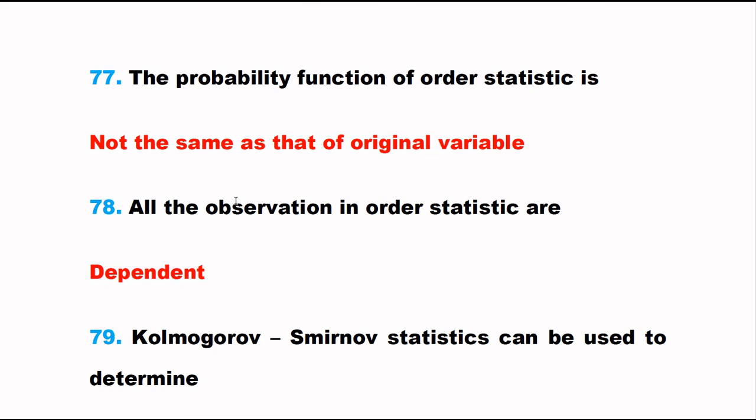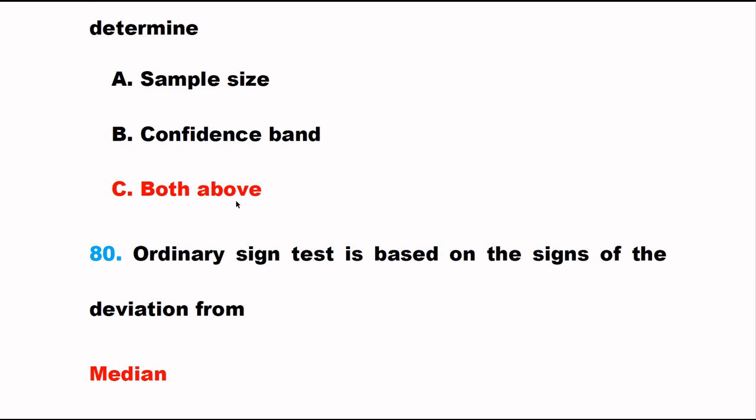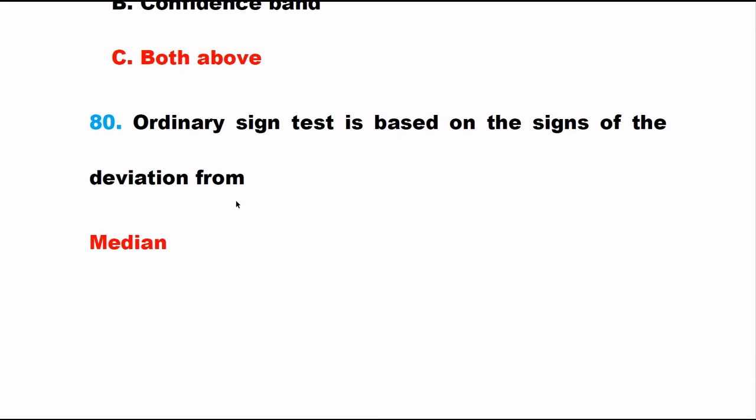All observations in order statistics are dependent because they are arranged in ascending or descending order. Kolmogorov-Smirnov statistics can be used to determine sample size and confidence band. The ordinary sign test is based on signs of deviation from the median.